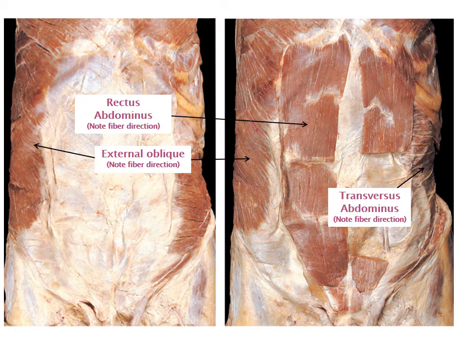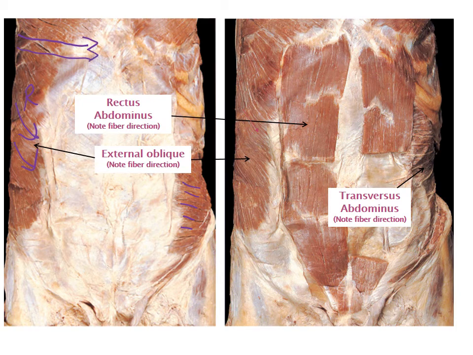Okay, so what about the obliques? Well, the obliques generally help you with rotation. So the right external oblique, when it contracts, will help bring your upper right trunk over to the left, as does your left internal oblique.